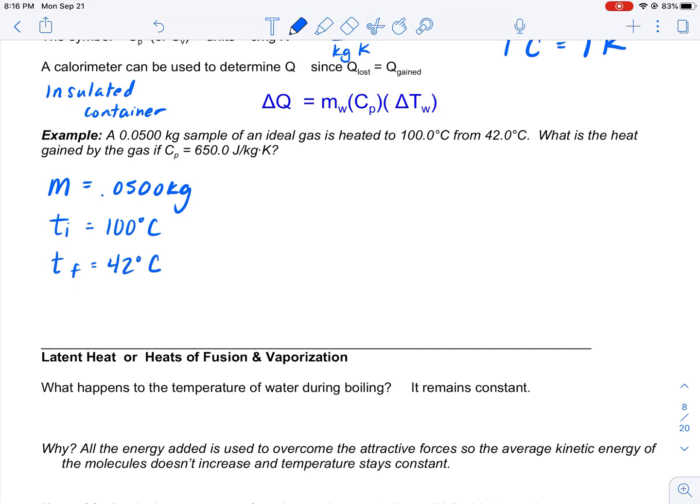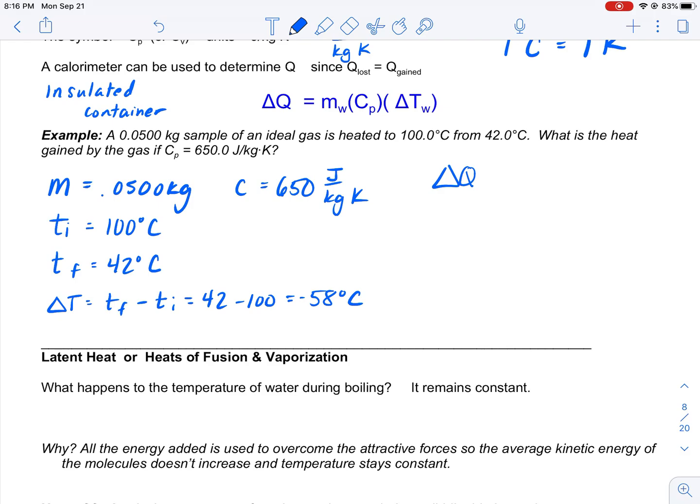The final temperature is 42 degrees Celsius, which means that the change in temperature is final minus initial, which is 42 minus 100, which is negative 58. Okay, and then I've got the specific heat is 650 joules per kilogram Kelvin.